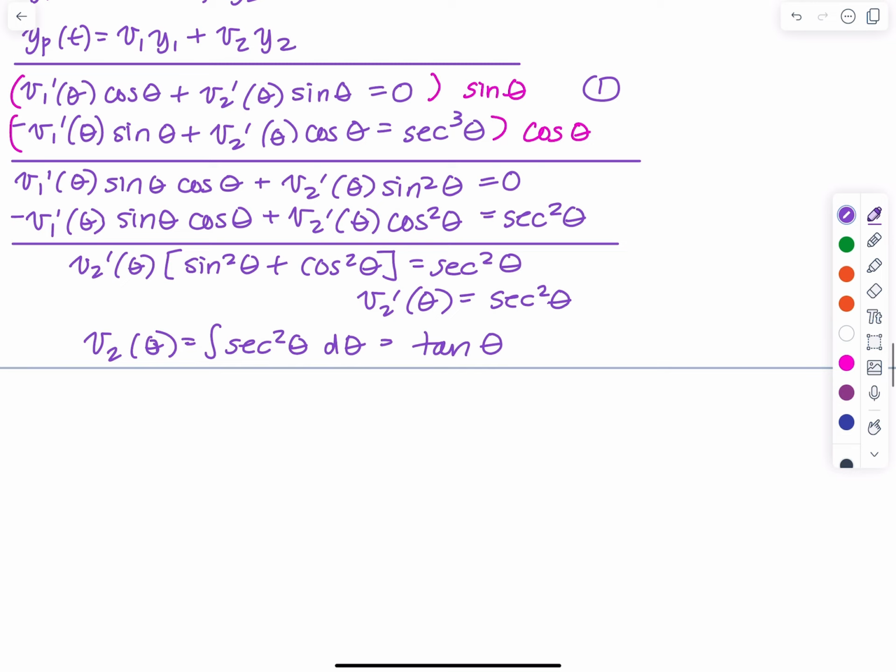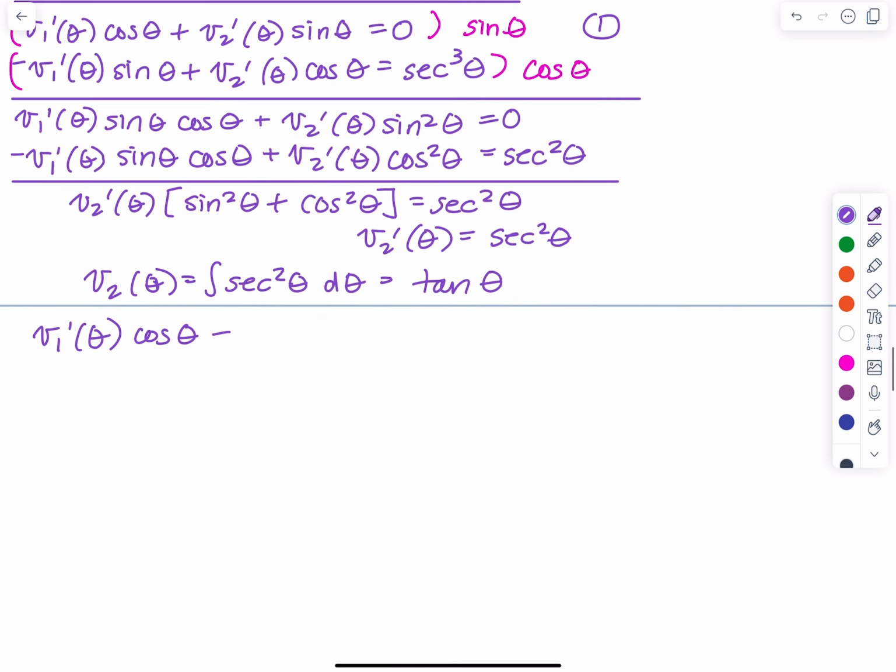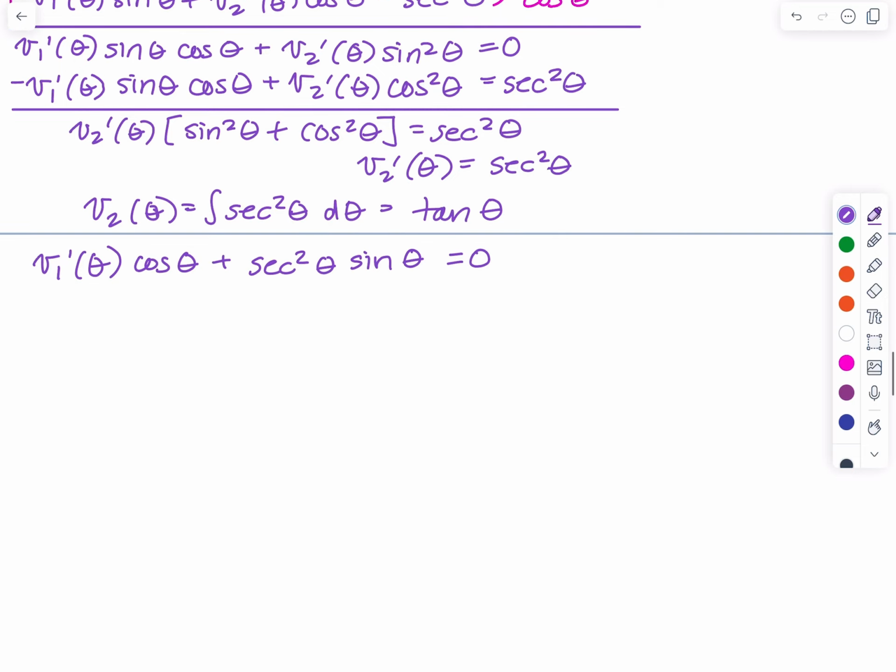So we have v1 prime of theta multiplied by the cosine of theta plus, and let's go ahead and put v2 prime of theta there, which is the secant squared theta multiplied by the sine of theta is equal to 0. And we have that v1 prime of theta is the opposite of the secant squared theta. And if we took the sine and divided by the cosine, we would have then the tangent of theta.